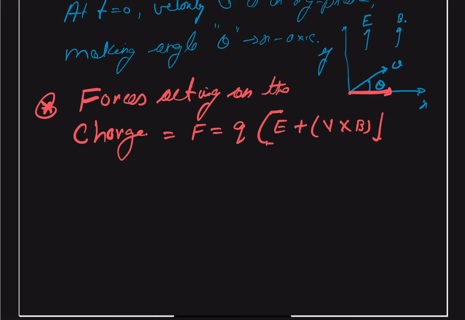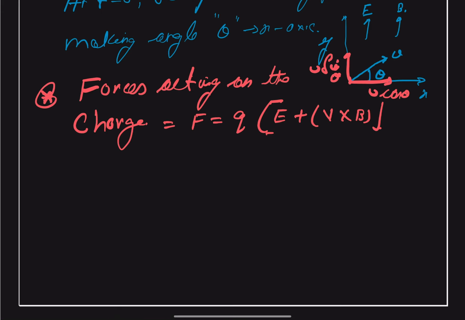We are going to have v cos theta, and another one will be v sin theta. These are the two components of the velocity vector.